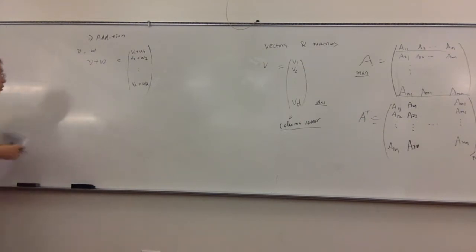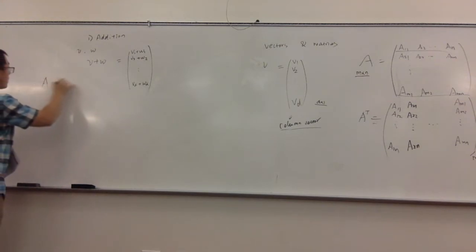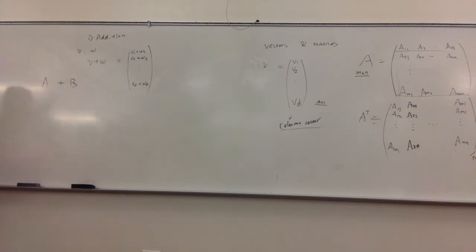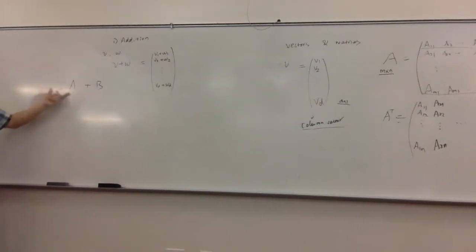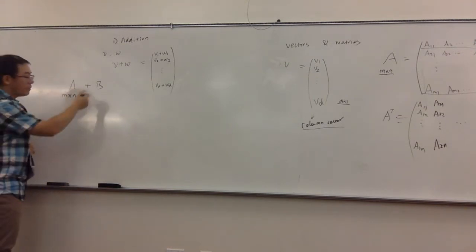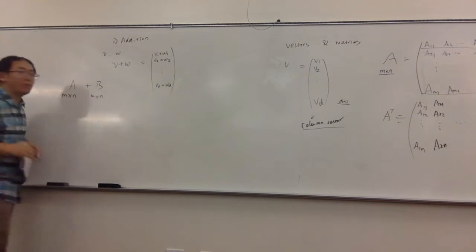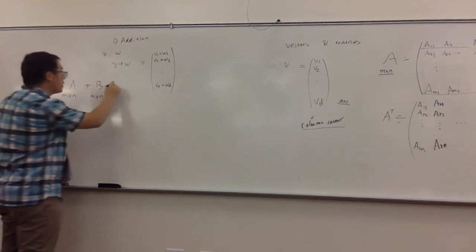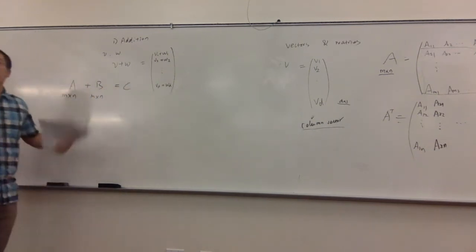Similarly, we can add two matrices, A plus B. When we add two matrices, we must ensure that the sizes of A and B are exactly the same. So if the size of A is n by n, then the size of B must be n by n. The result matrix, suppose C, is also n by n.